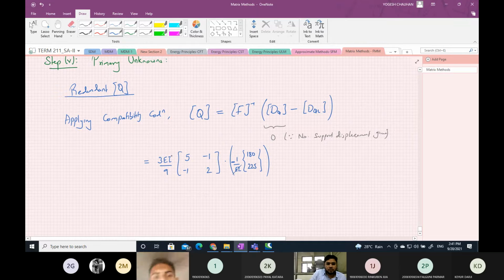So this EI gets cancelled, and you take the matrix multiplication. This is a 2 by 2 matrix, this is a 2 by 1 matrix, so you will get a matrix of 2 by 1.